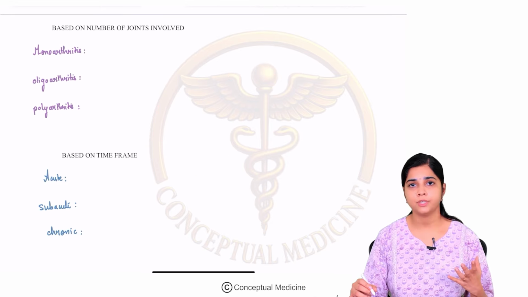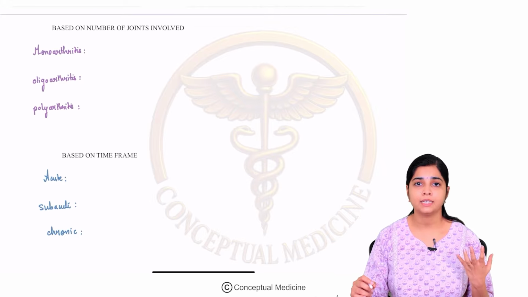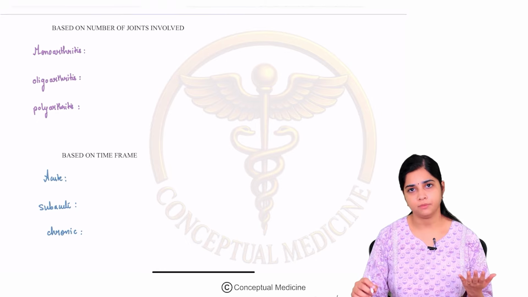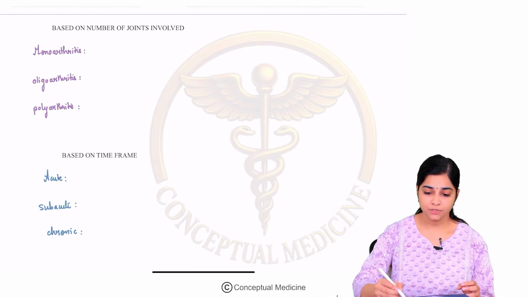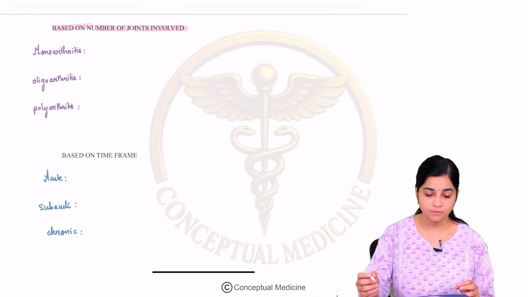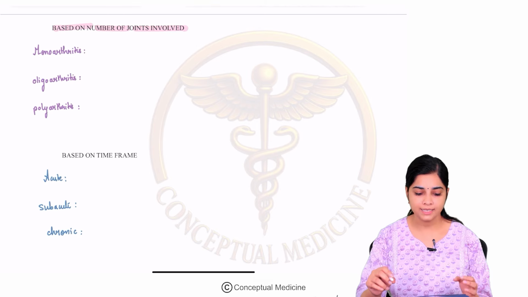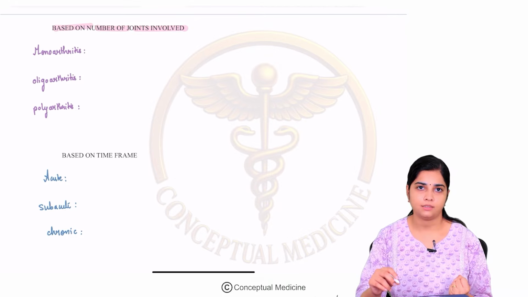So after you have found out whether this is an inflammatory arthritis, then you have to decide and classify what type of joint involvement is present. Based on the number of joints that are involved, you can classify this as monoarthritis, oligoarthritis or polyarthritis.